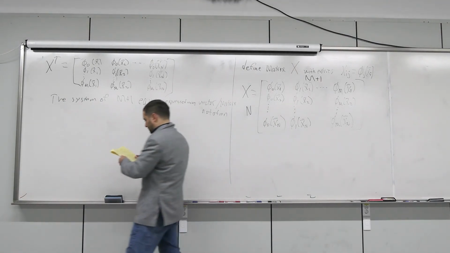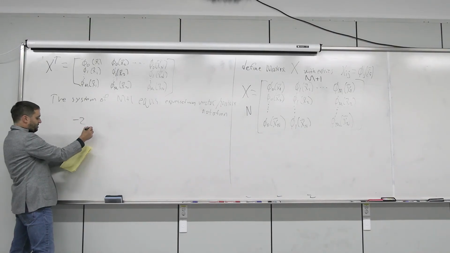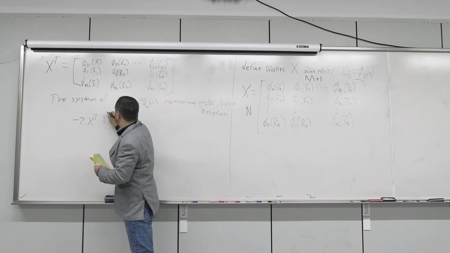And so now it becomes -2 X transpose times our vector Y.